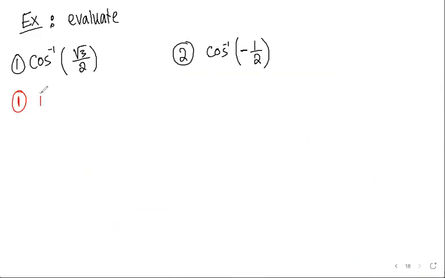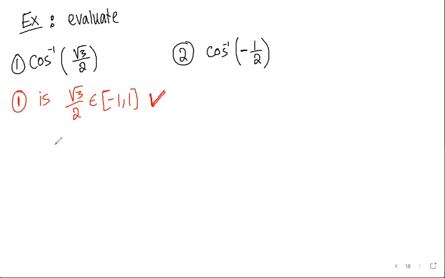So does square root of 3 over 2 belong to the domain from -1 to 1? Does this value belong to this interval? Yes. So this means it has an inverse.